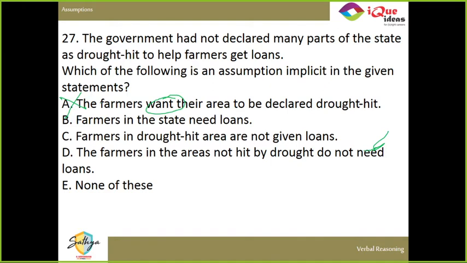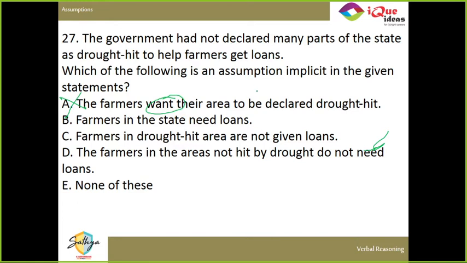See, the farmers in the state need loans. Do I need to assume that farmers in the state need loans? If the farmers in the state need loans, then obviously we will make a statement that the government has not declared many parts of the state as drought hit to help farmers.